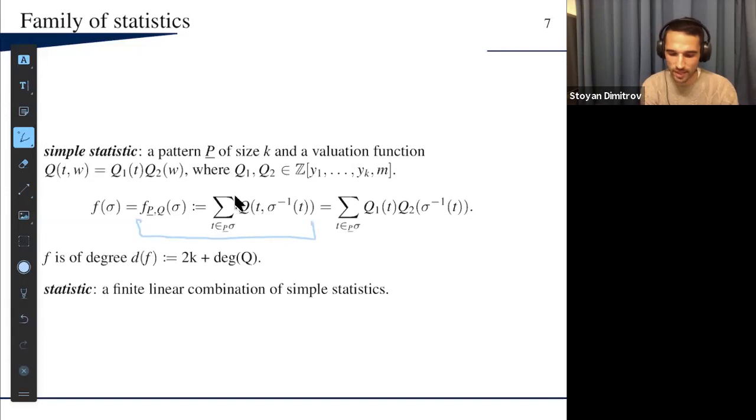And I defined the degree of my statistic just because I will need this later for my theorems.